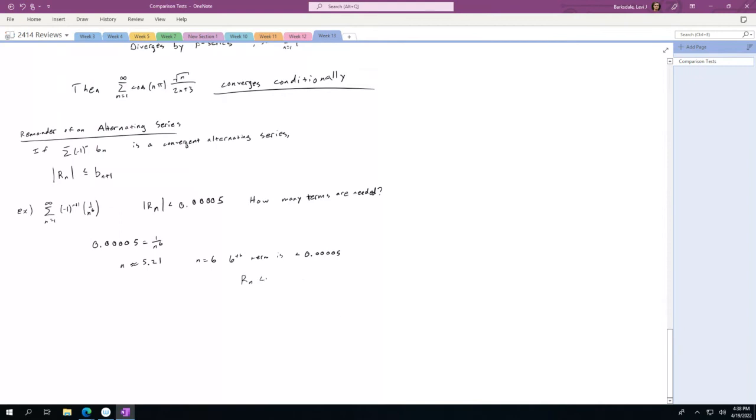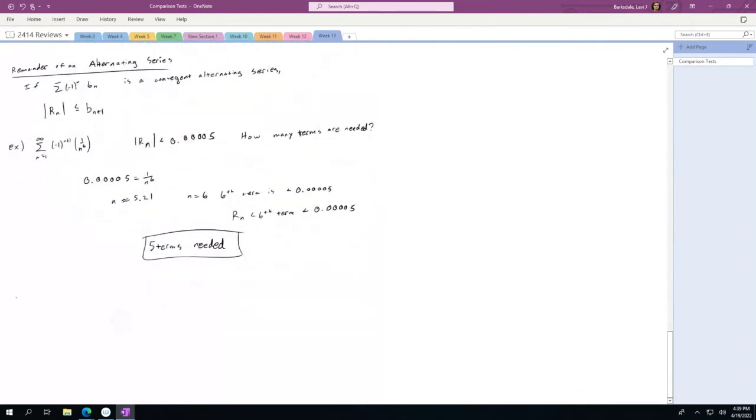So our remaining error would have to be smaller than our 6th term, which is smaller than 0.00005, which means we need 5 terms, because after that, the error still remains within our desired bounds. So basically, we found this value. When we round it up, we get that the 6th term would have to be smaller than our desired error, so the overall error would have to be smaller than that, which means we only need 5 terms.